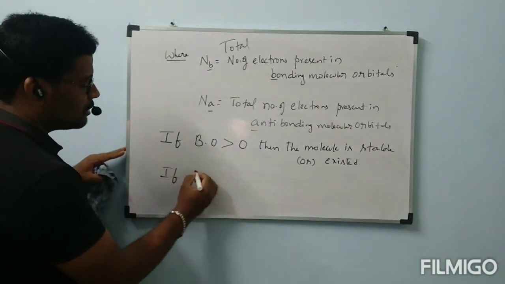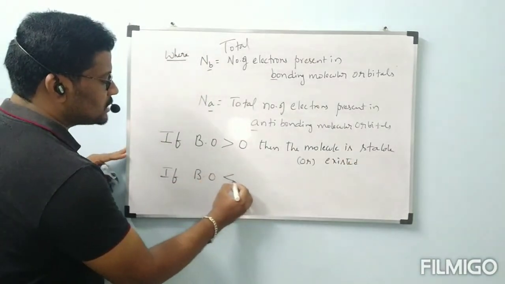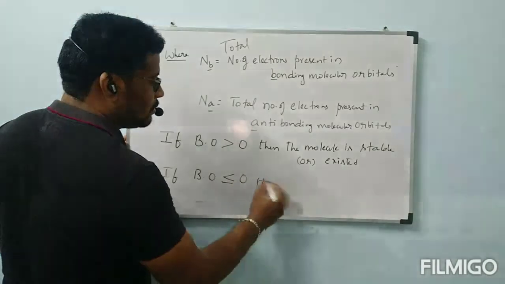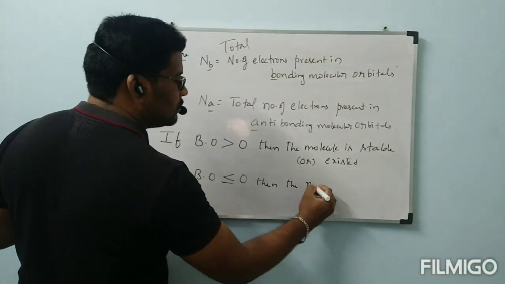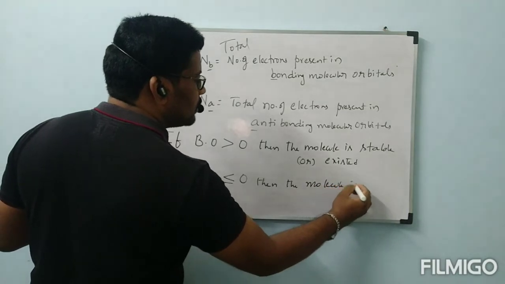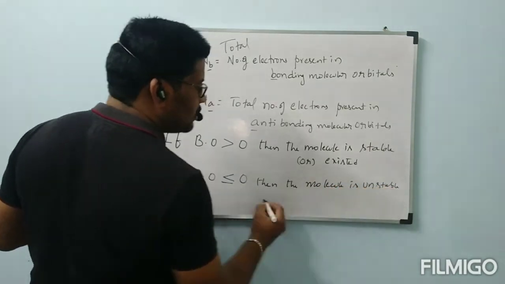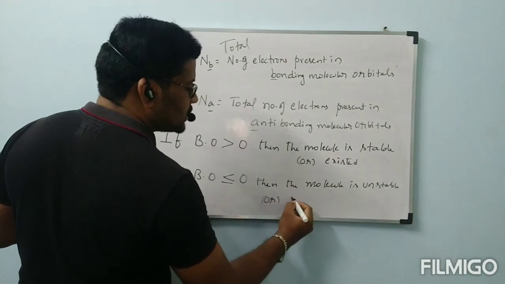If bond order is less than or equal to 0, then the molecule is unstable or does not exist.